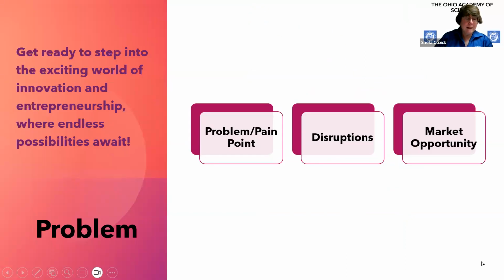The problem is we want students to look for needs that are not being fulfilled, problems that they have seen in the world, in their personal lives, in their family lives, things that are personal to them with their hobbies like sports or music or whatever they happen to be interested in and like to do.